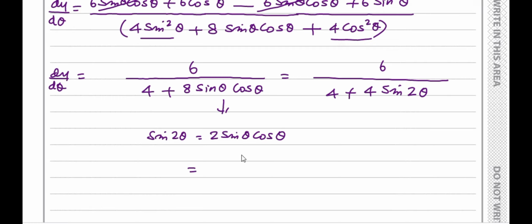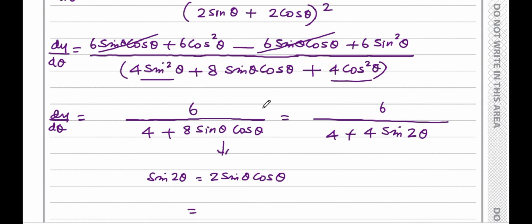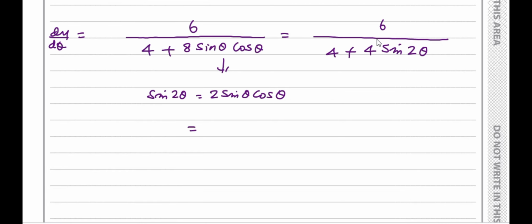Now let's look at whether there is any manipulation required as per the question. So what does it say? A over 1 plus sine 2 theta. So we need to do a little bit of simplification here. All right, so 6, 4 and 4 are all multiples of 2. So we can straight away divide everything by 2. So we can write 3 over 2 plus 2 sine 2 theta. So we are still not there.